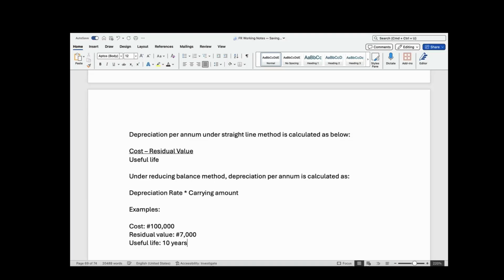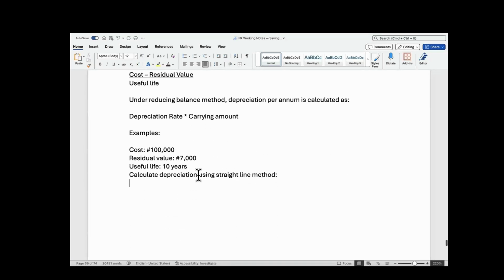You are now asked to calculate depreciation per annum using the straight line method, and determine the carrying amount of the asset.